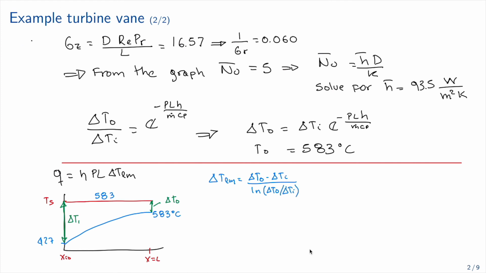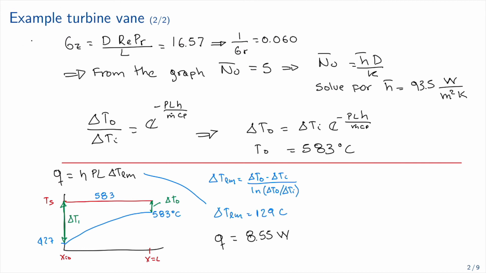By replacing the values, we will obtain that delta T log mean is equal to a value of 129 C. By replacing this value in the equation for the heat transfer rate, we will obtain that Q is equal to 8.55 watts.